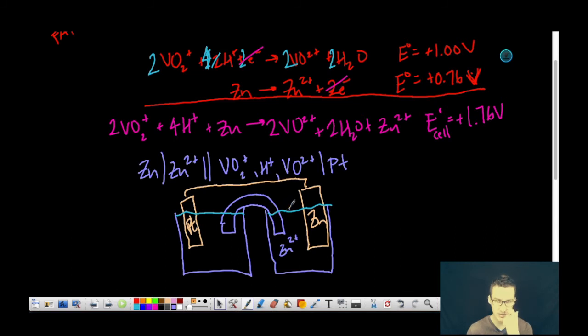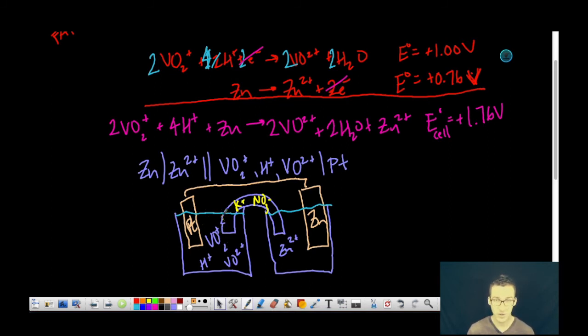So as those zinc atoms on our zinc electrode lose electrons, we'll be pushing more and more zinc ion into solution. Over in our reduction half cell, we'll have all of those vanadium ions in solution. Always a good idea to include a salt in your salt bridge, and as in the previous examples, I'm going to use potassium nitrate.